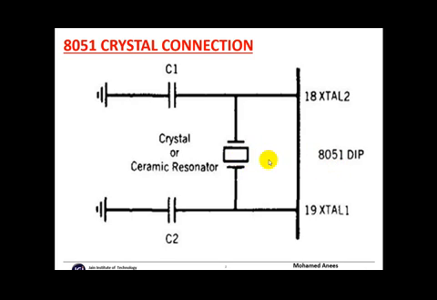Now here, what is the minimum time? Here it is the crystal frequency divided by 12. Suppose the crystal frequency is 12 megahertz. 12 megahertz internally divided by 12 is how much? 1 megahertz. And what is the minimum time now?